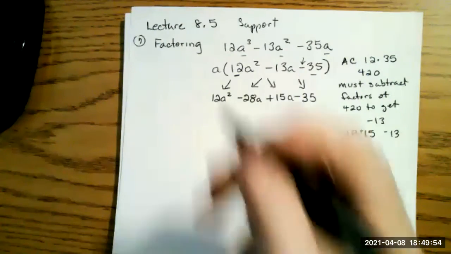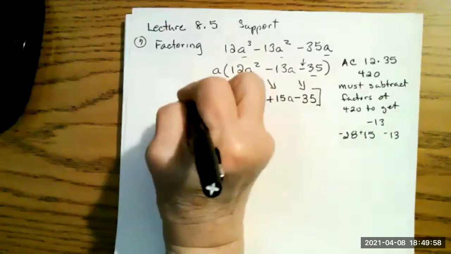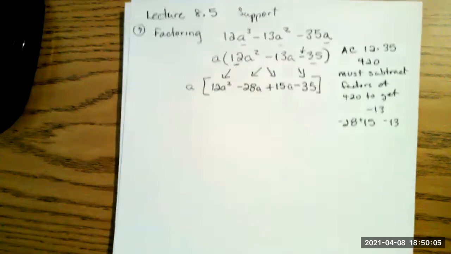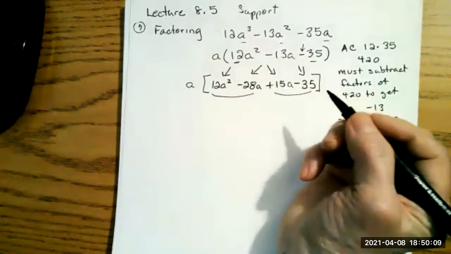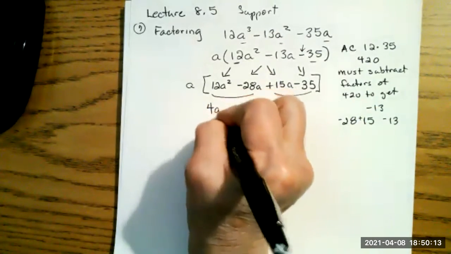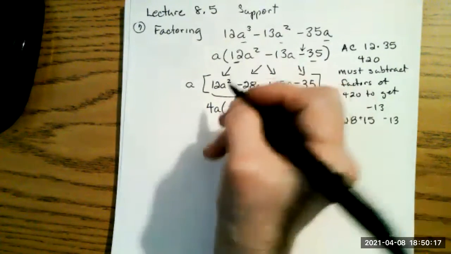Yes, ma'am. Yep. All right, now I don't want to lose my A, so I'm going to put these little brackets out here. Otherwise, I'll forget that A, and then when I put it in there, it'll be telling me it's wrong because I forgot the A. Group this 2 and 2 and factor out a common factor. Looks like this one has a 4A in common. 12 and 28, they both have 4.